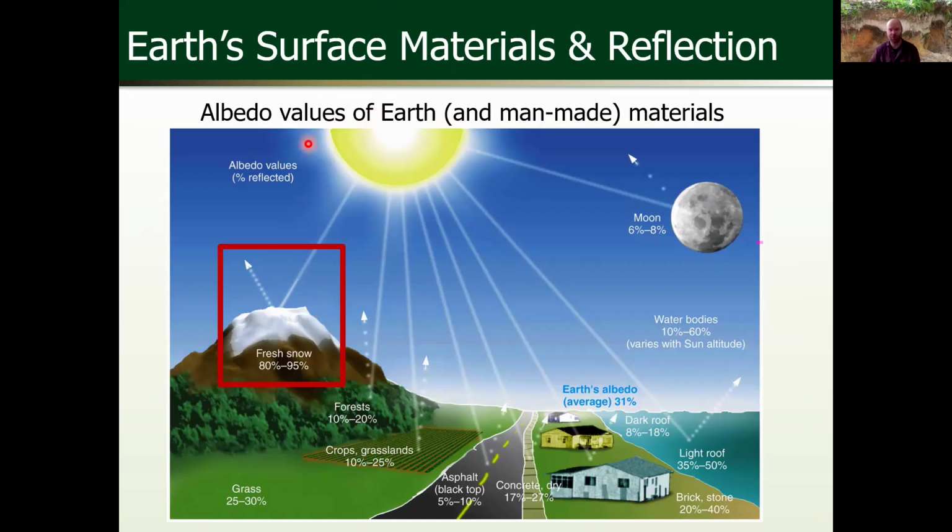That's because that radiation, albeit indirect on days when it's really cloudy, is still reaching the snow and reflecting, and fresh snow can actually reflect up to 95% of incoming radiation. That's pretty incredible, meaning only 5% of what it receives is actually absorbed and most of it is reflected.